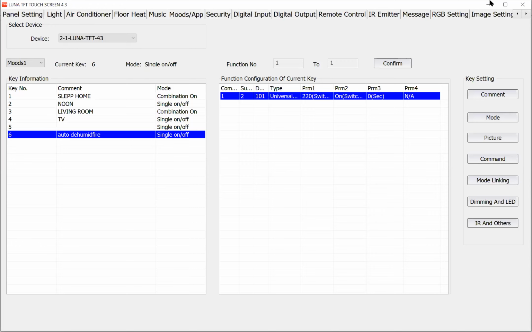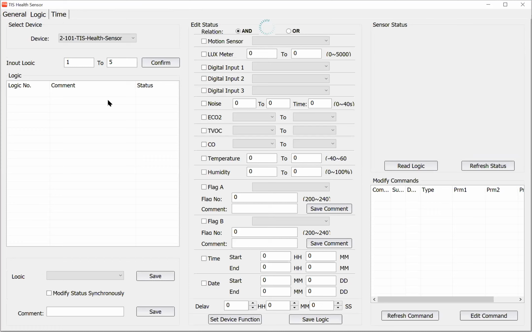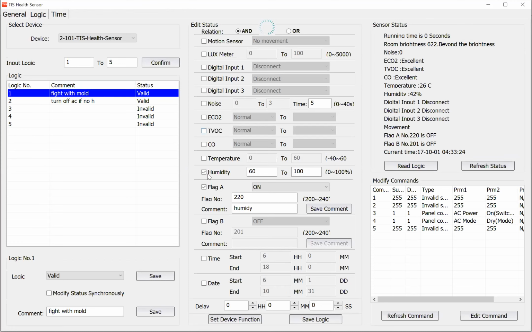Also, I think it's better we set this logic: whenever the humidity is between 60 to 100%, turn on the air conditioner.